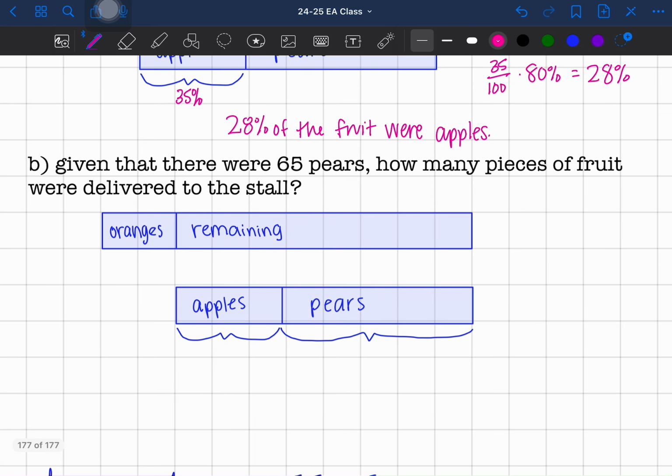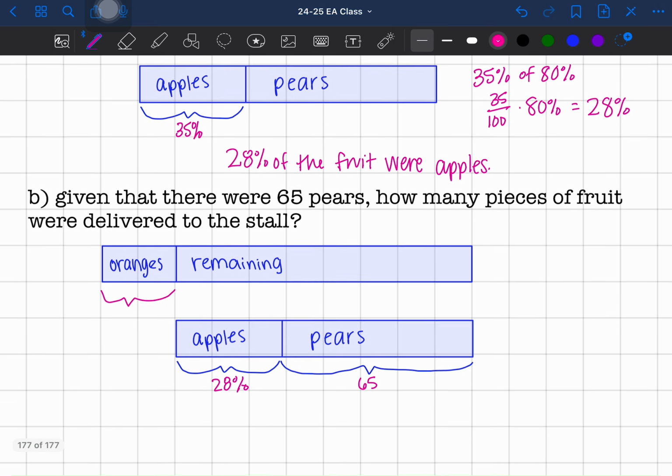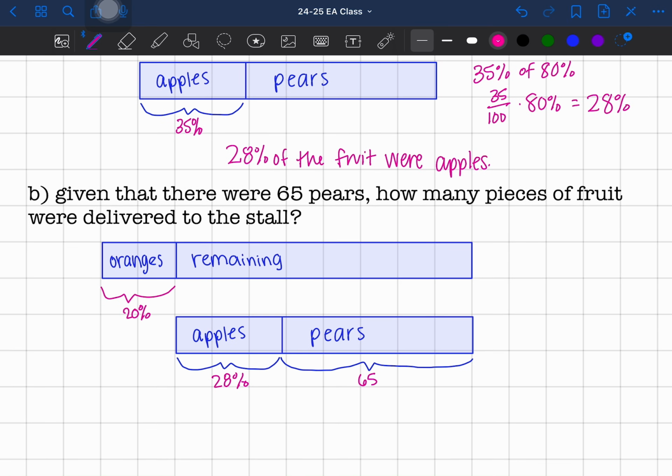So given that there were 65 pears, how many pieces of fruit were delivered to the stall? We know oranges were 20%. Pause this video.